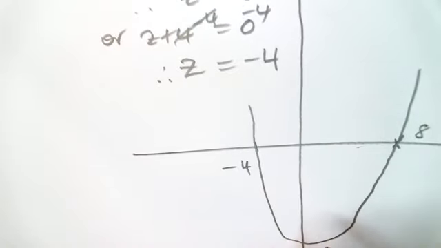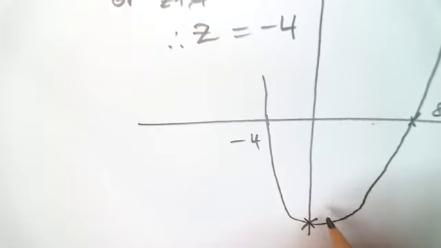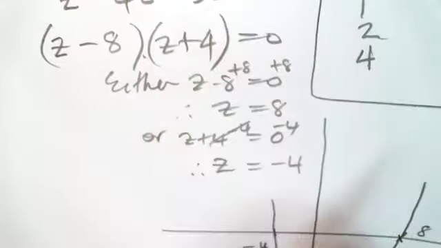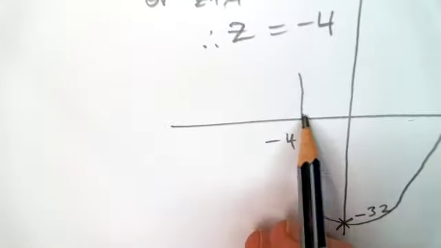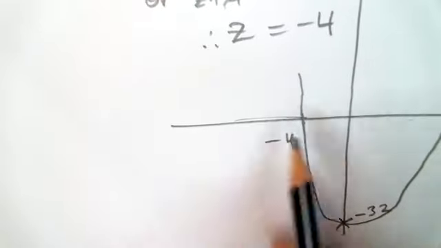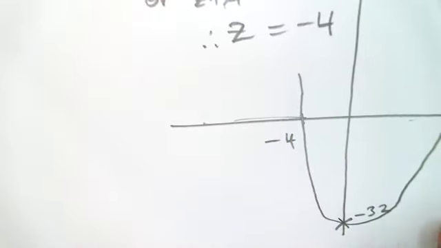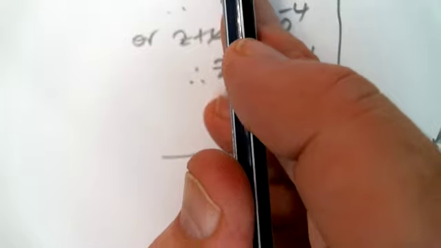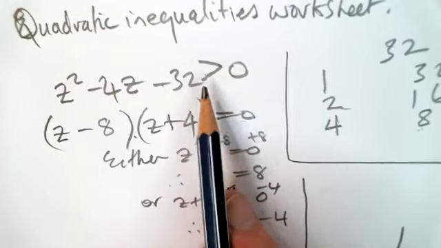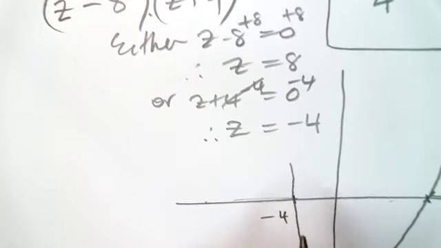And 4 8s are 32, so this is going to cross at negative 32. And because it's greater than, it's going to be the points on either side here. These ones, not in the middle, but this less than that, greater than that. And because it's greater than and not equal to, it doesn't include these values. So it's going to be everything but that value, everything but that value.